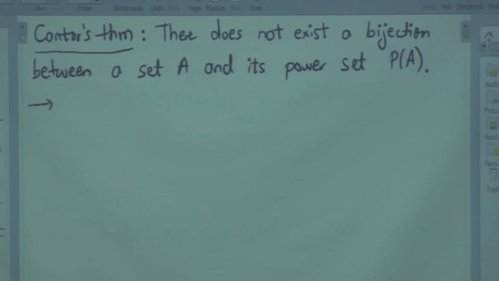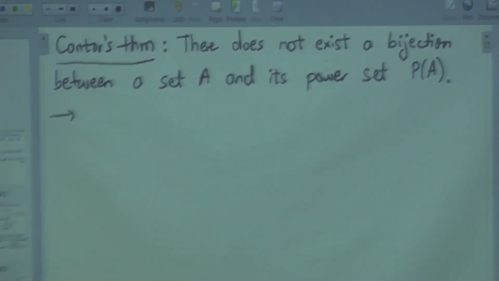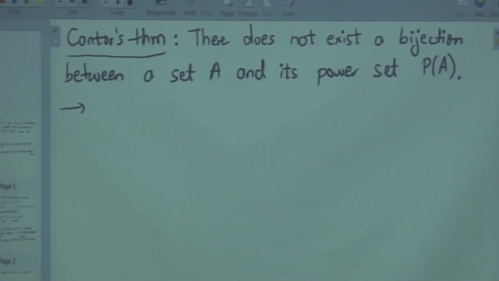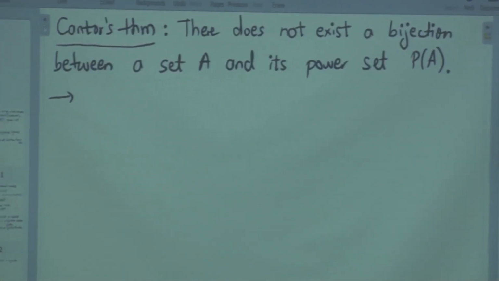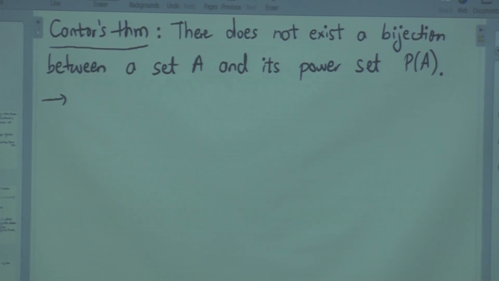Cardinality, fine, but we haven't yet defined cardinality. That's the conclusion of this theorem, not really the proof. We had to use contradiction, very good. So that's one method of proof. Yes, proof by contradiction.